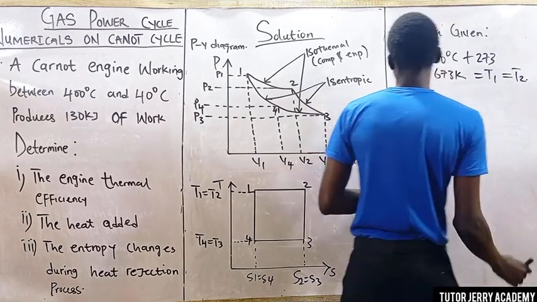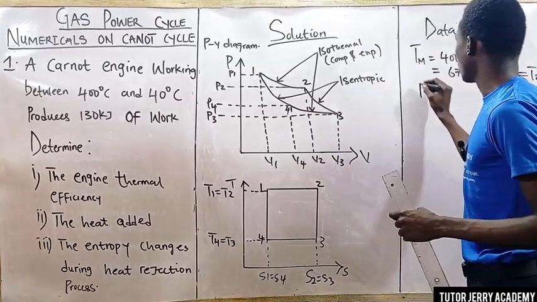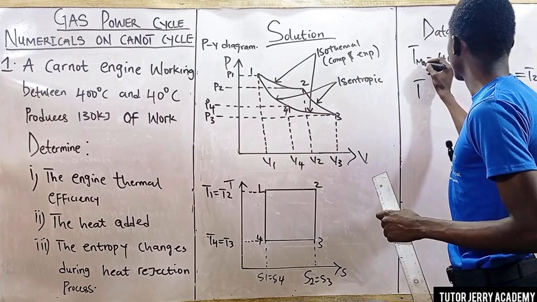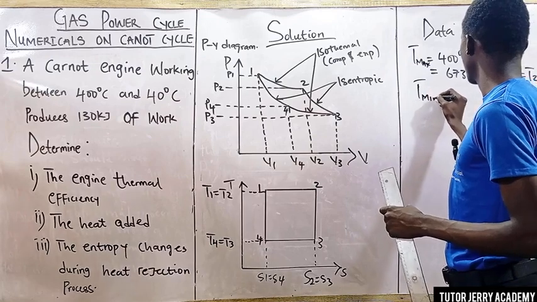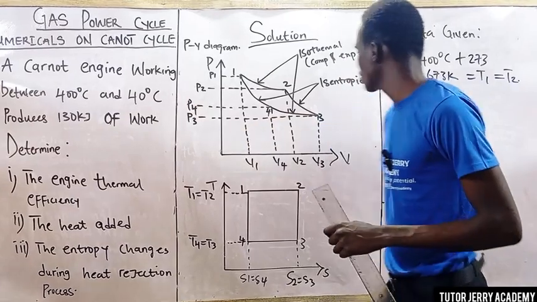So next, we are going to be expressing our minimum temperature. I can say here max, and I can call here min. So our minimum temperature, of course, is 40 degrees Celsius.